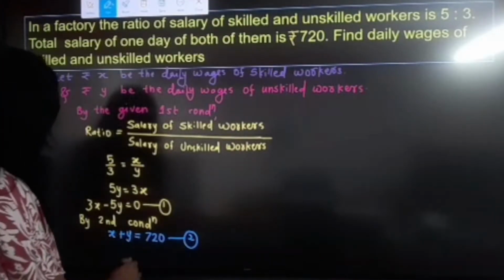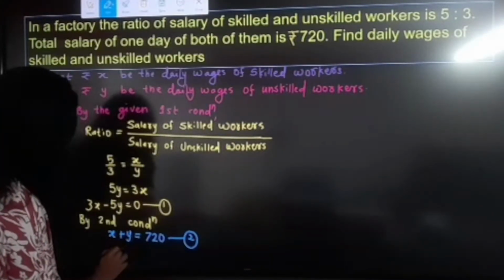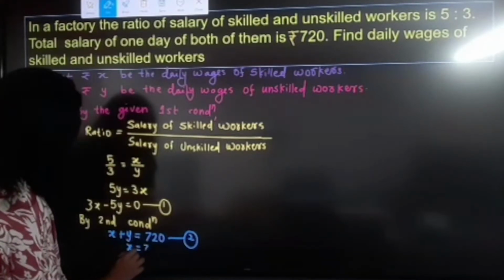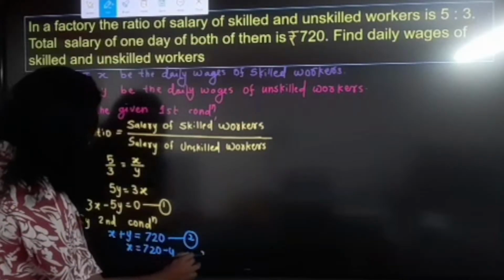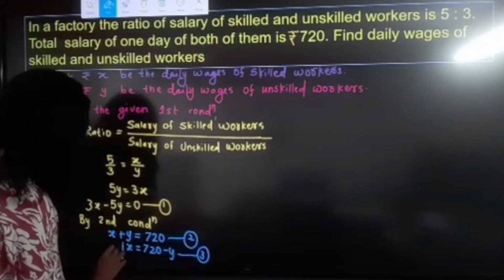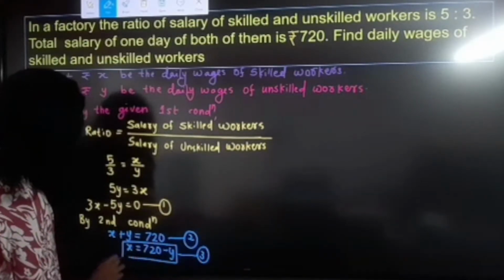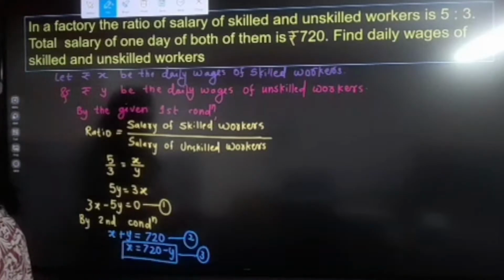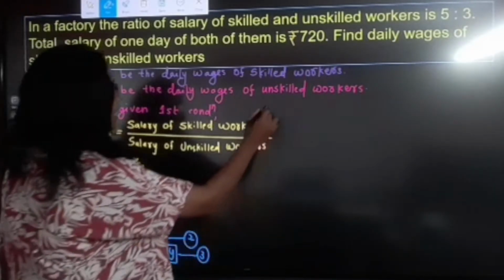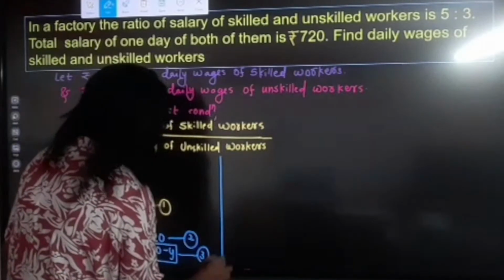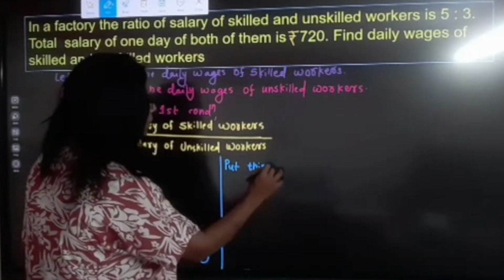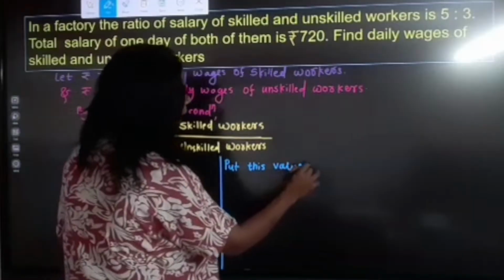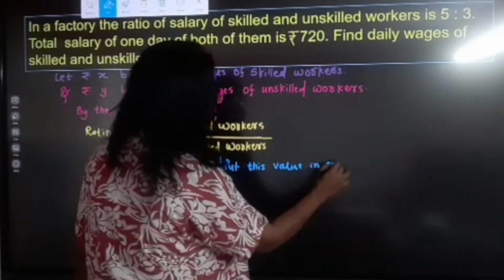So now, students, I will use the substitution method. Here I write x is equal to 720 minus y, and I call it the third equation. Now I put this value in equation 1.